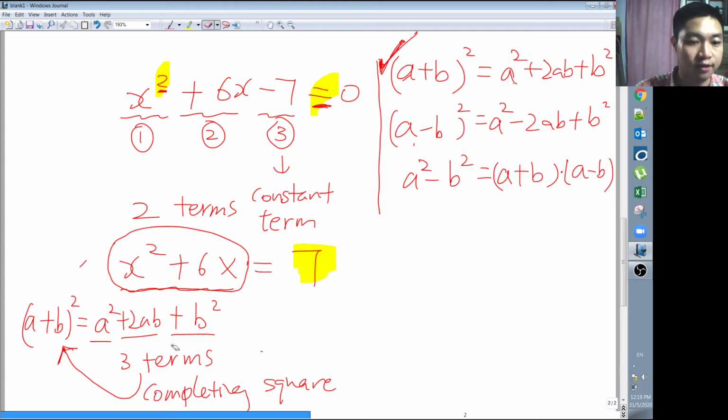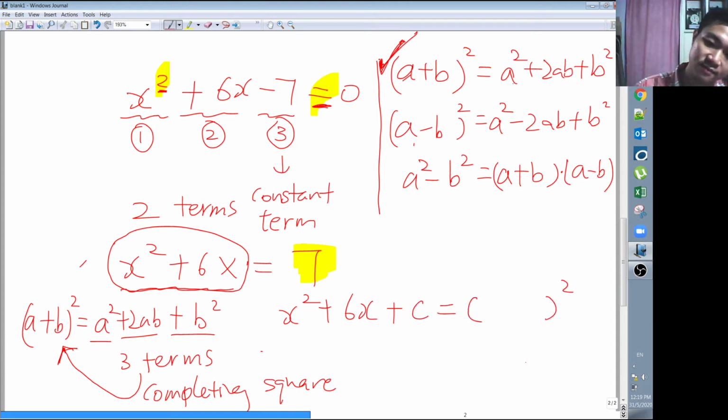You already have two terms on the left hand side, so you need to introduce one more term so that you can get to this format.